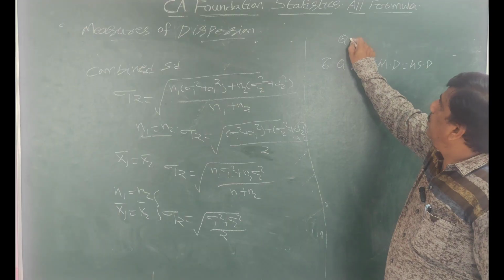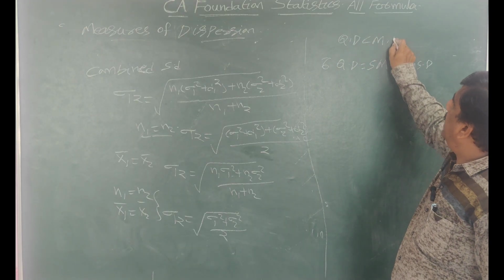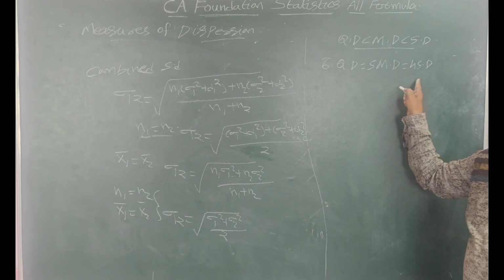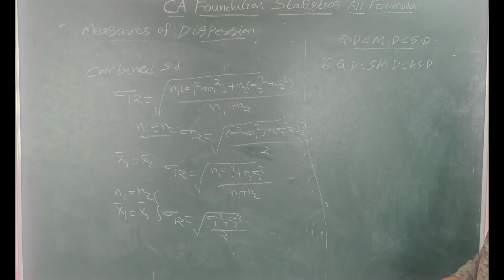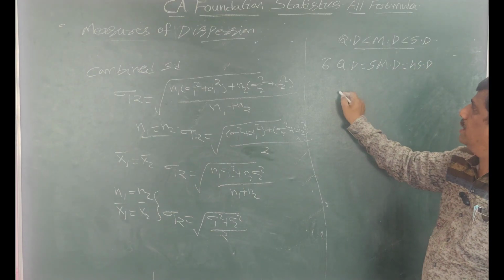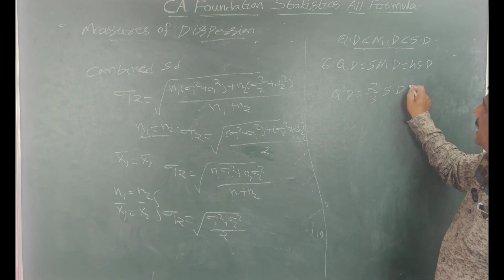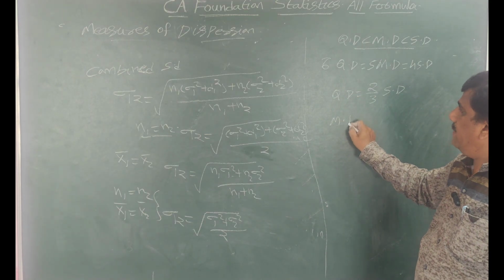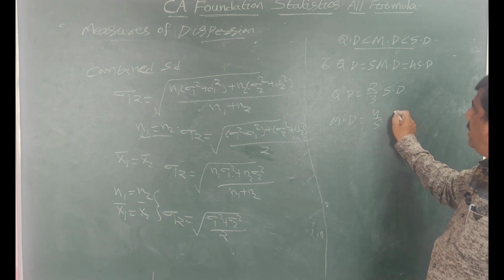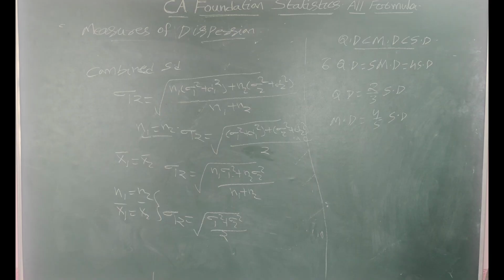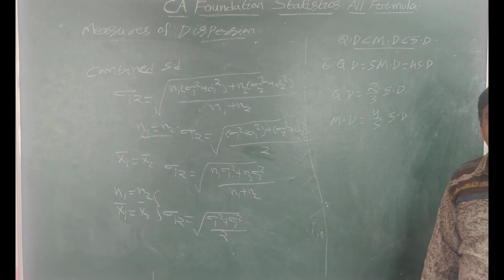That means QD is always less than MD and MD is always less than SD. If it is symmetric, 6QD equal to 5MD equal to 4SD, and if SD is known, QD can be computed using the formula 2 by 3 SD, and MD can be calculated using the formula 4 by 5 SD. These are the main formulas involved in this chapter, measures of dispersion.